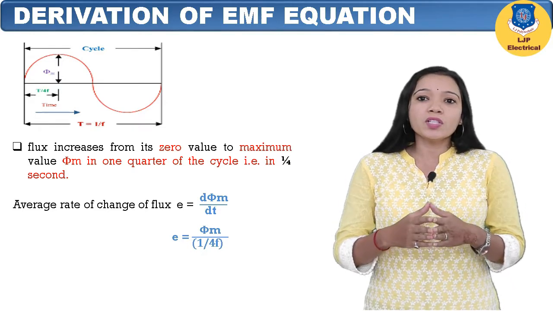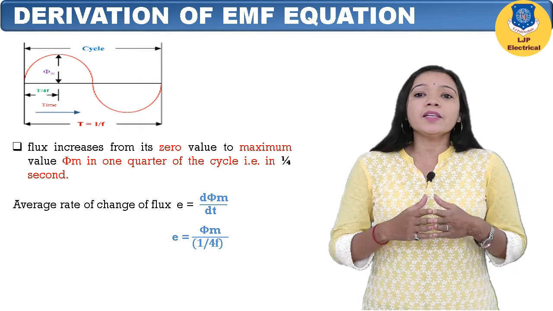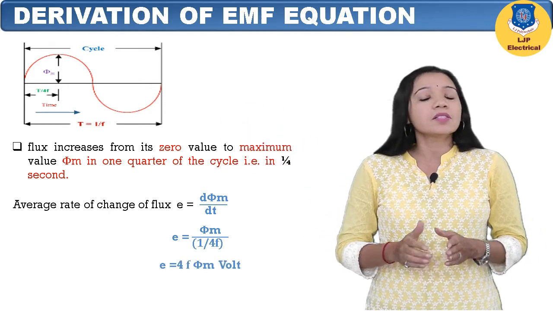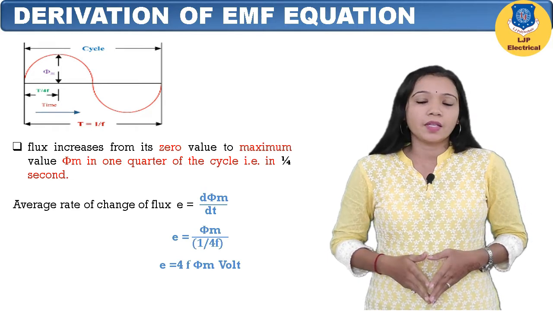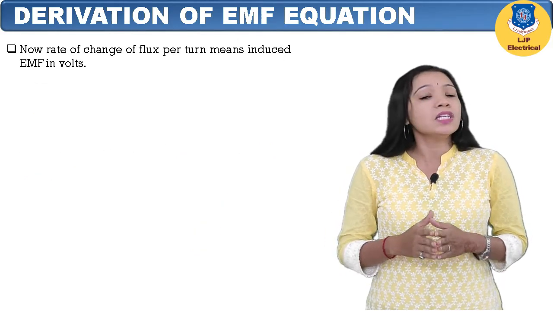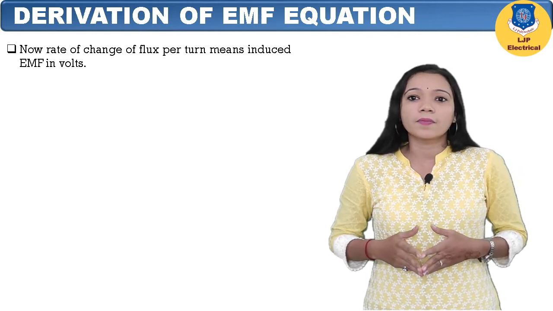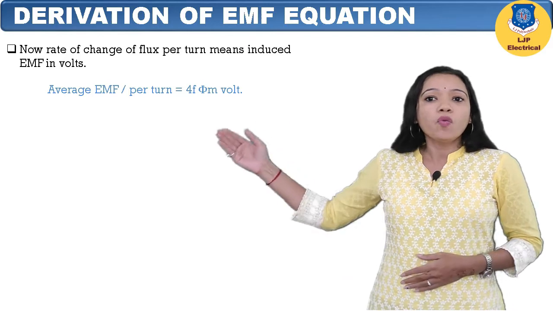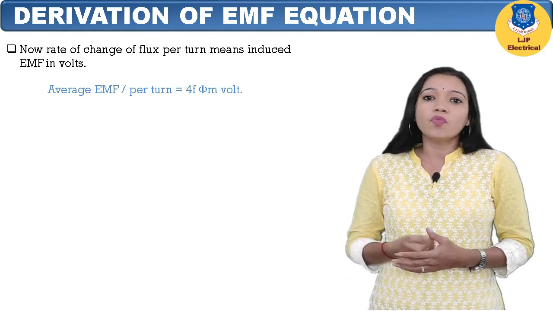So the equation will become E is equal to 4f phi m Weber per second or volt. Now, rate of change of flux per turn means induced EMF in volts. So, average EMF per turn is equal to 4f phi m volt.